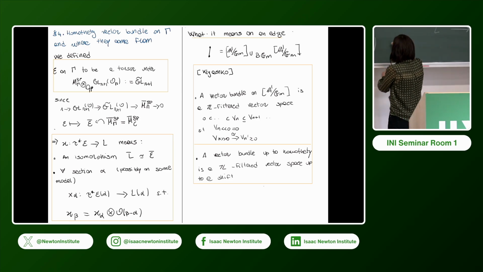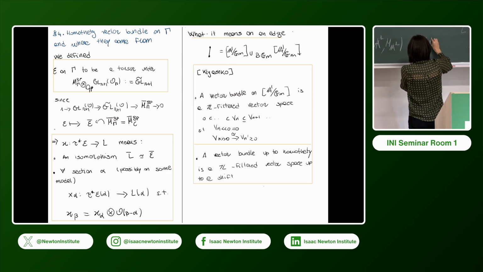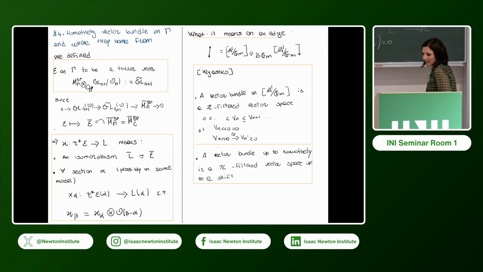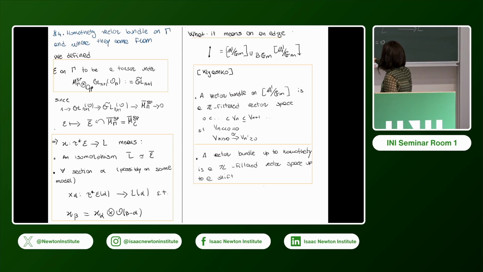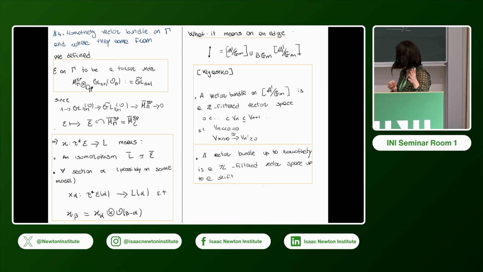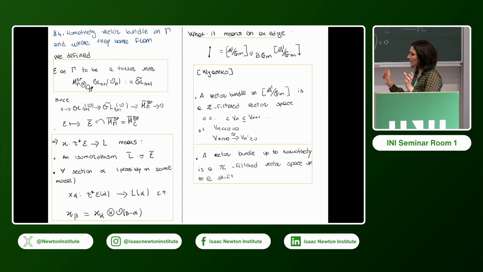But if we look at the H^1, if we look at this cohomology, this is 0. And since this cohomology is 0, it means that every vector bundle up to homothety is represented by an honest vector bundle. I'm just identifying those that differ by a shift.